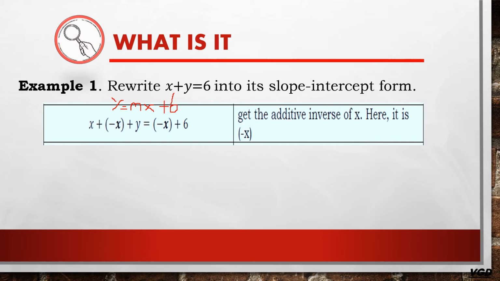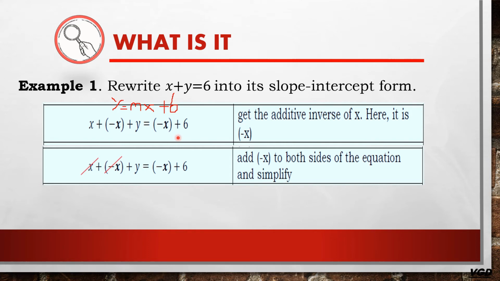So that's why we have to get the additive inverse of x. After getting the additive inverse, we have to add both sides by the negative x para makancel siya. Makancel na to si x sa left side o mahibilin si y sa left side. So we got here, gi-cancel si x.